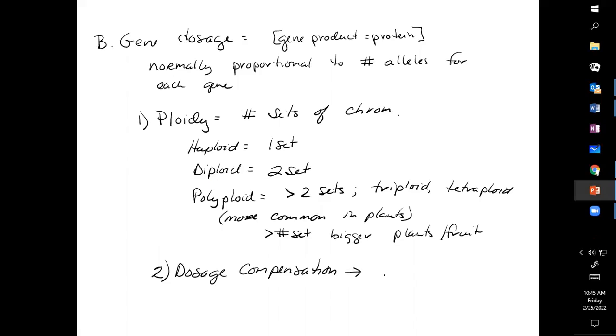In humans and animals, all but one X chromosome undergoes a process which creates hypercondensation of one of the X chromosomes, and it can't express the genes. So all but one X chromosome is inactivated. The process is called X inactivation.